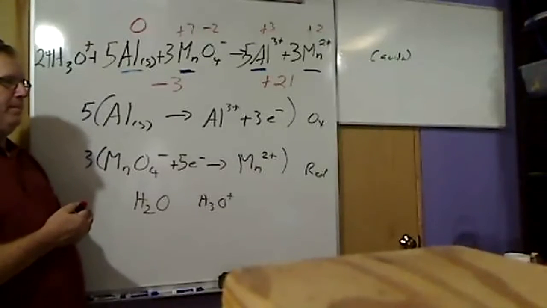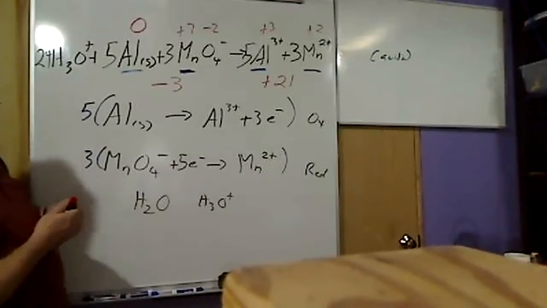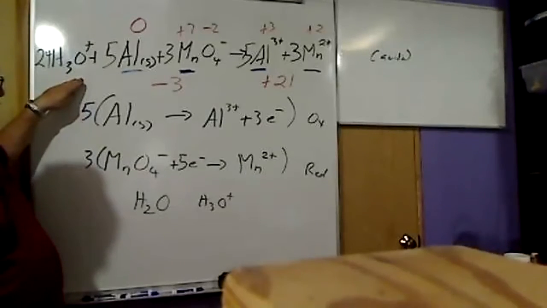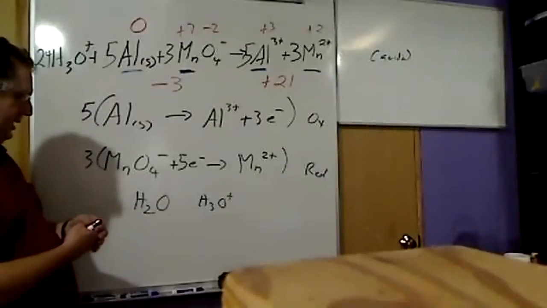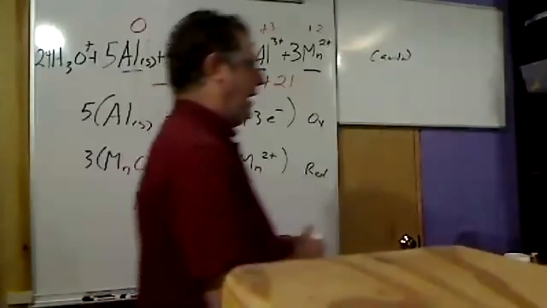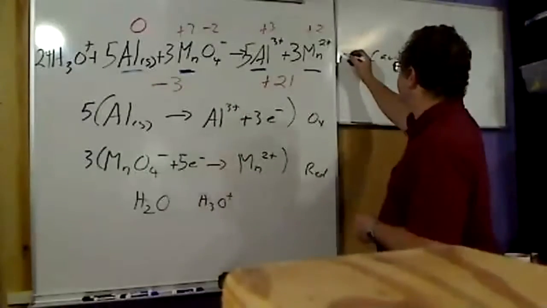Okay, but anyway, so when I do this, I look and I see that, so 24, in order to have that many hydrogens on the right side, I'm going to balance, and I have to write my waters on this side.